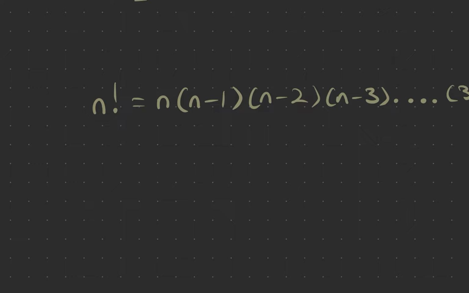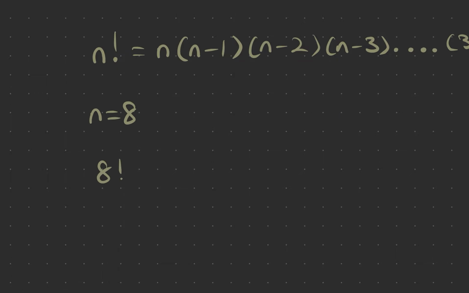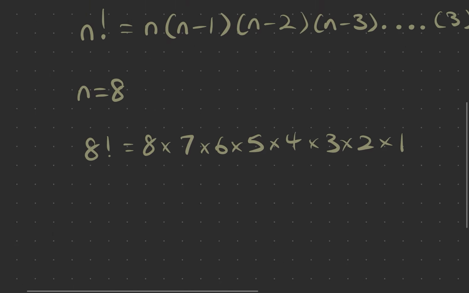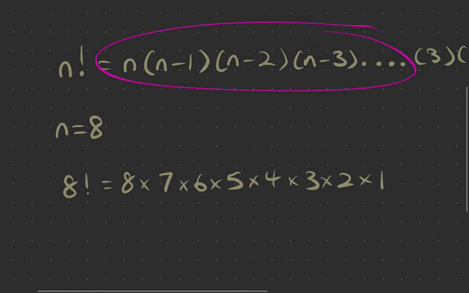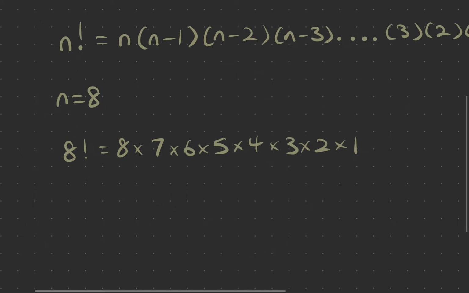So let's substitute n for 8, so let's do 8 factorial. Now we know that 8 factorial is 8 times 7 times 6 times 5 times 4 times 3 times 2 times 1. That was a mouthful to say. Now if we use the formula we just learned and apply it here, it's just 8, which is n.